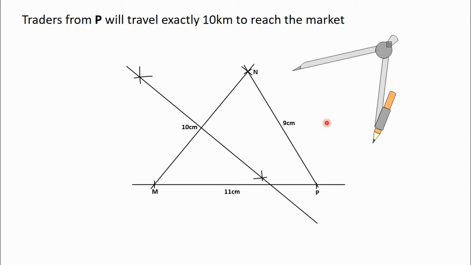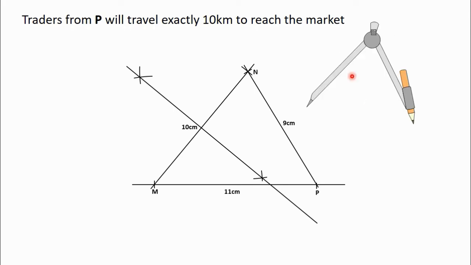Points that are 10 kilometers from point P will give us the locus of points 10 kilometers from point P. We have learned from the previous videos that the locus of points equidistant from a fixed point is a circle with the fixed point as the center. So here, the locus of points 10 kilometers from point P will be a circle with point P as the center and a radius of 10 kilometers.